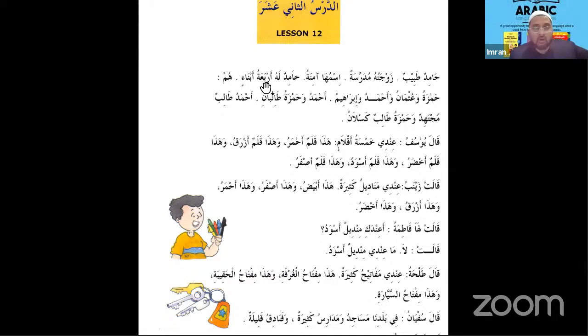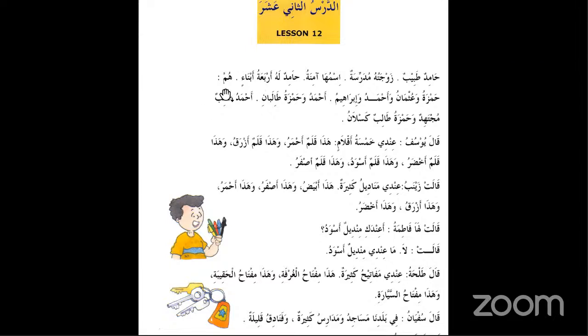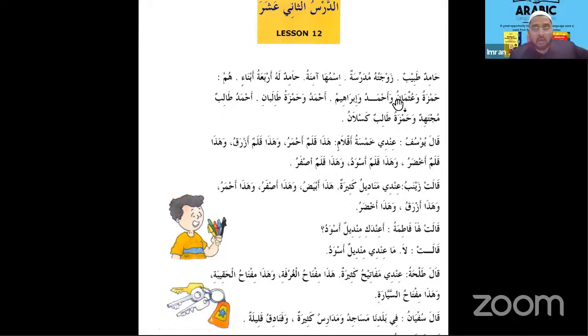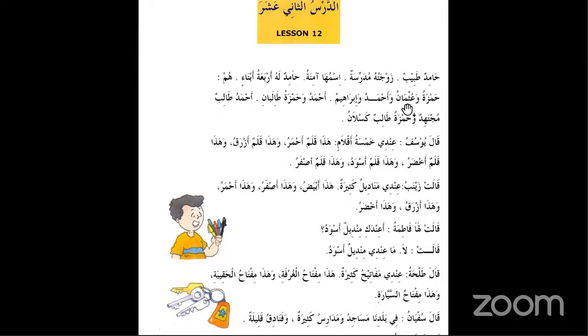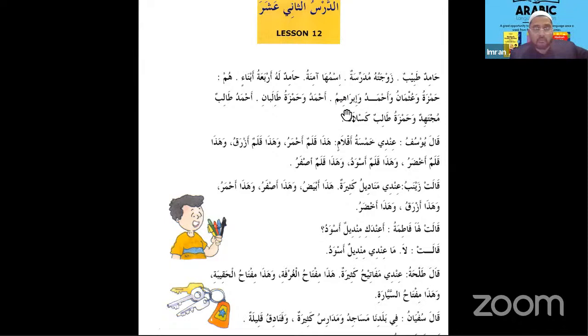Hamid has 4 sons. They are Hamzatu, Manu, Ahmadu, Ibrahimu. So you see here, all of the nouns here are not receiving a dhamma tanween because they are diptos.